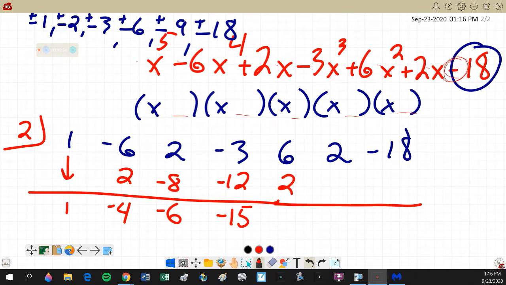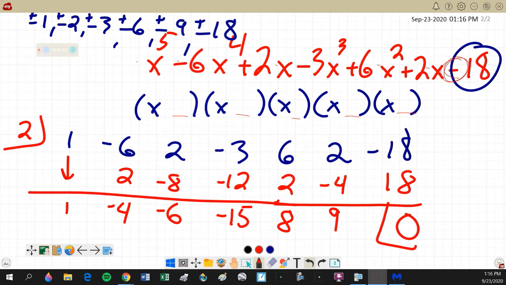I'm just making these up. And 9, and then 2 times 9 is 18. It worked. Now, it didn't really work. We're just pretending. So, what have we learned? 2 is a root, which means x minus 2 is a factor.